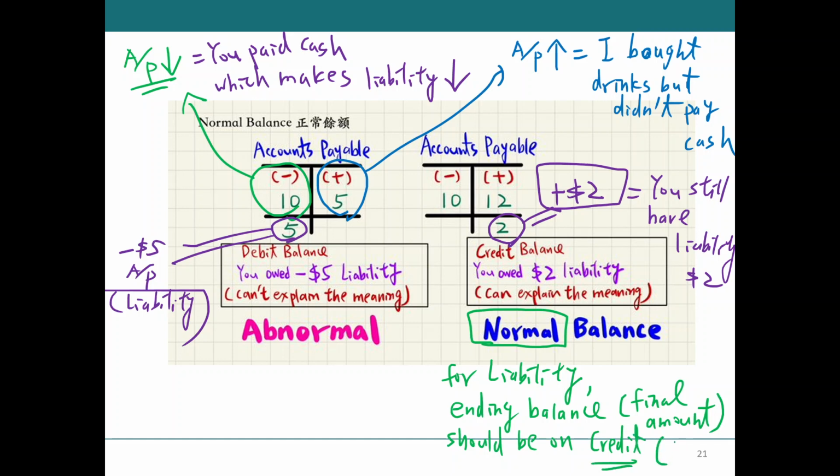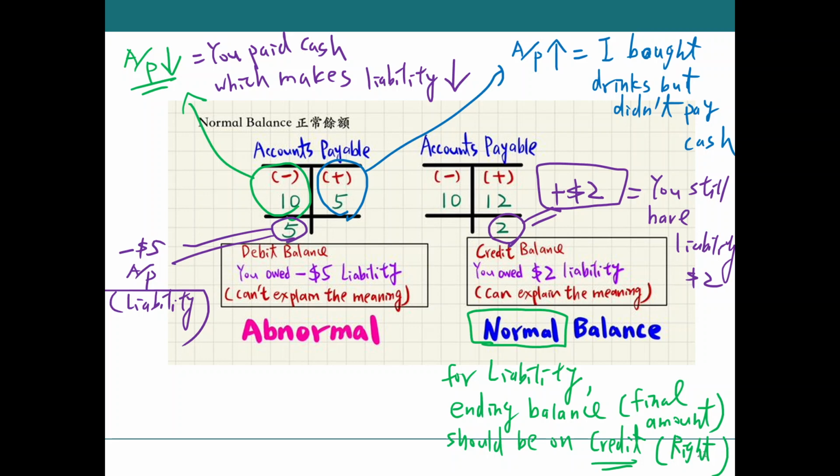Credit side means you're right. When you find the final amount on your credit, you think, okay, this is normal. Then maybe I did something correct.